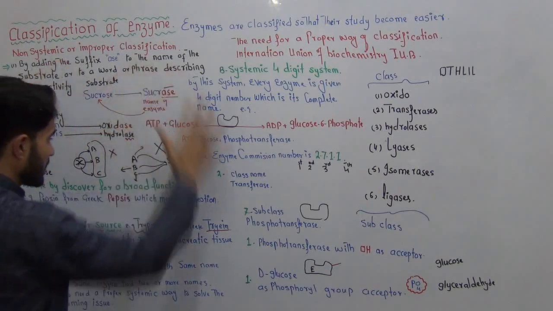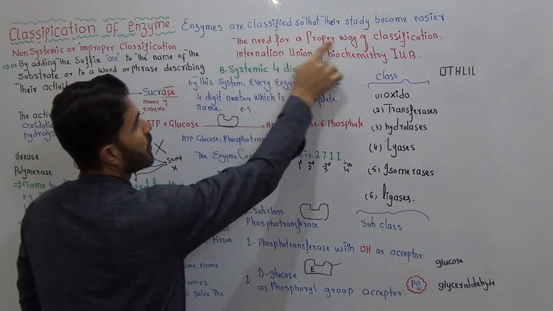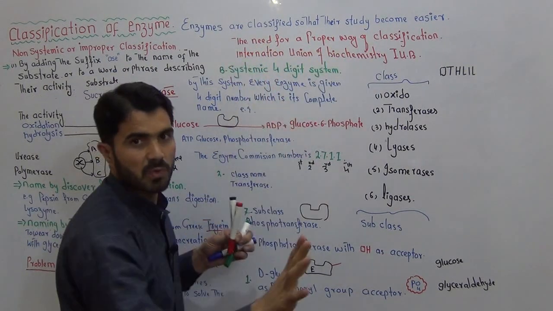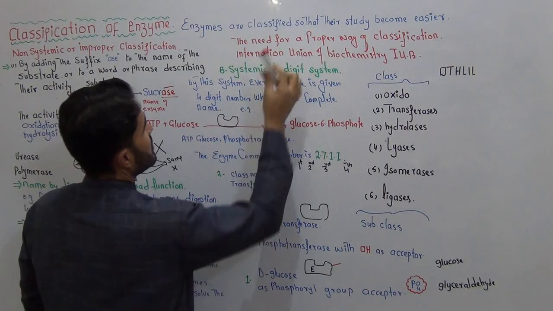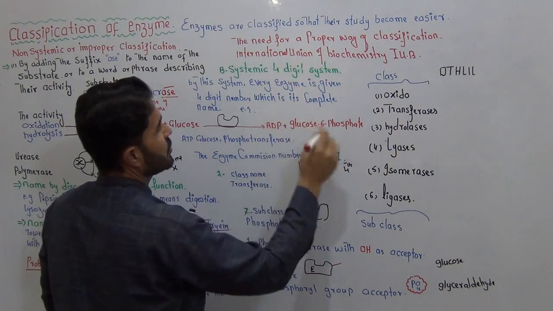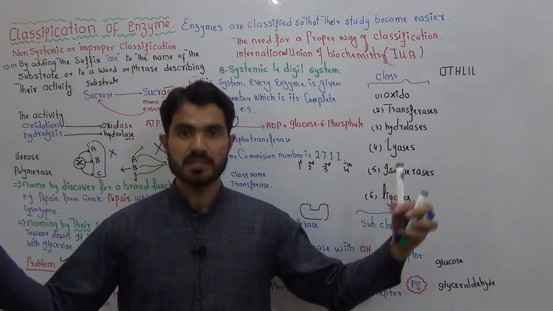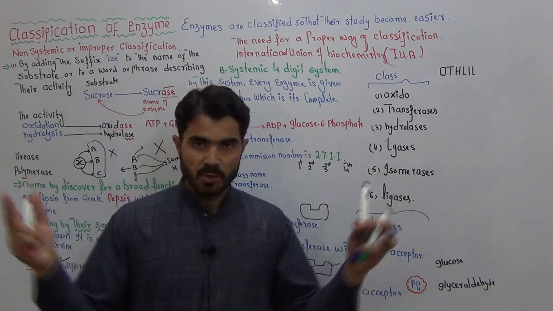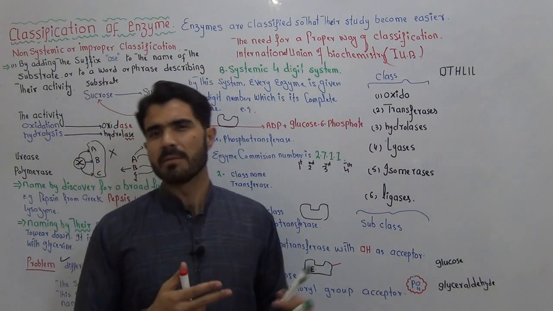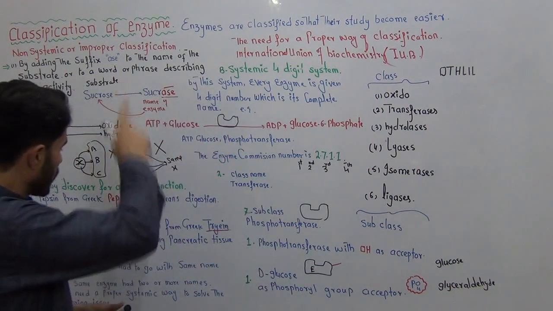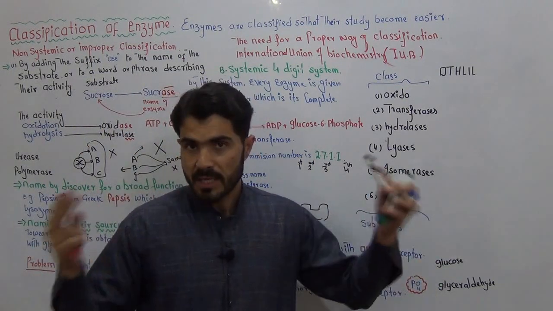So in order to avoid this issue, another system came. The need for a proper way of classification came to us. The International Union of Biochemistry, called IUB, is a kind of commission. Some scientists from biochemistry came together, sat together, and thought that we should provide a proper system to name enzymes, because with the passage of time a lot more enzymes came to us.